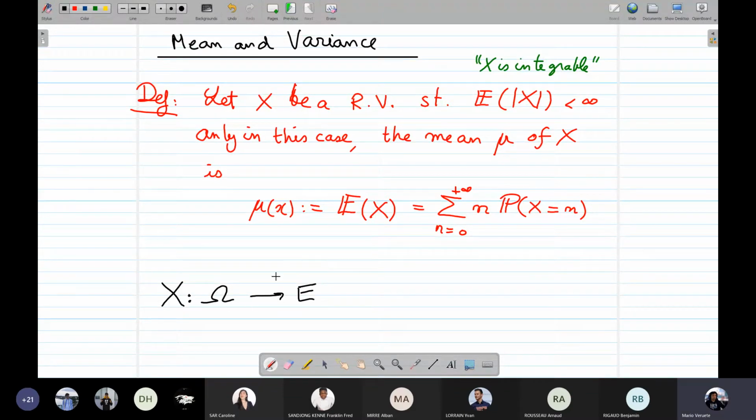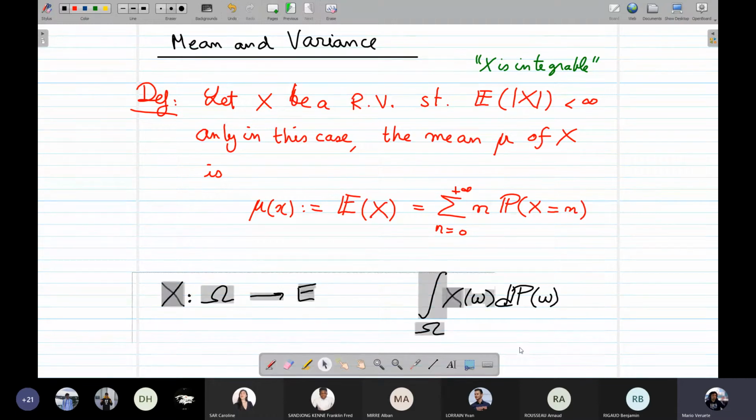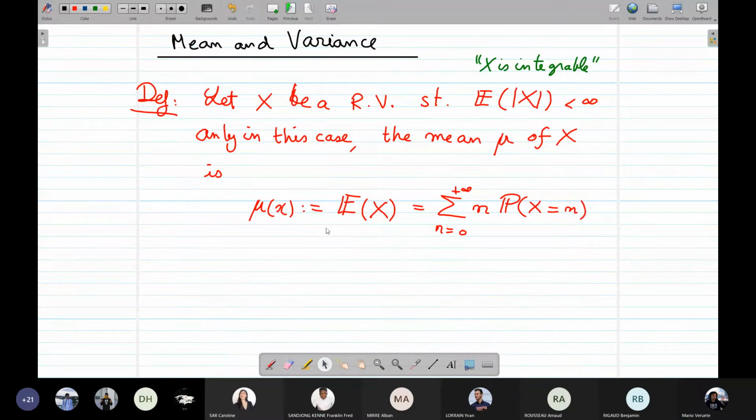Later we will see why this is called integrable, because we actually integrate the random variable with respect to a probability measure P of omega. But this is later, don't worry about that right now.